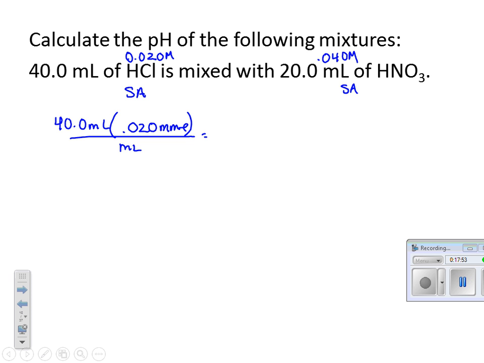Let's see, we have 20 milliliters of 0.04 molar nitric acid. And that's going to give us moles of hydronium. Once we have our moles of hydronium, we'll divide that by the total volume and then calculate pH. So this is 0.8 millimoles.